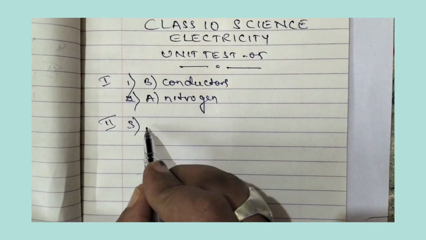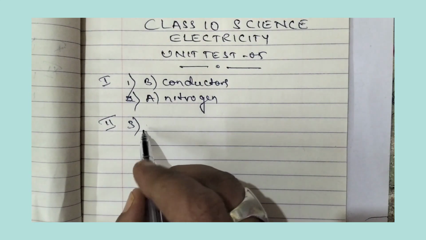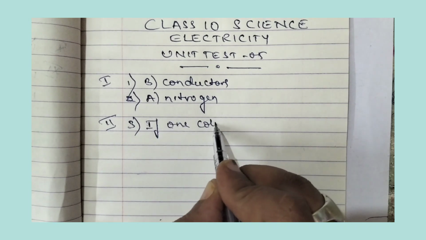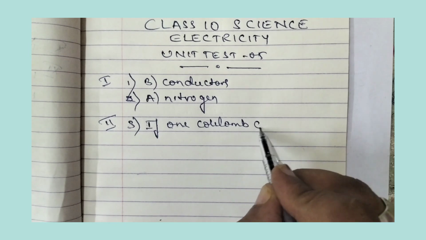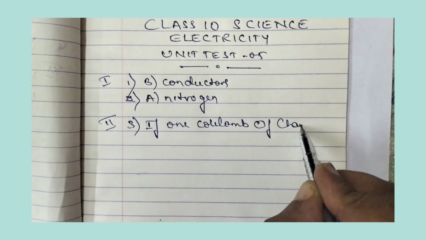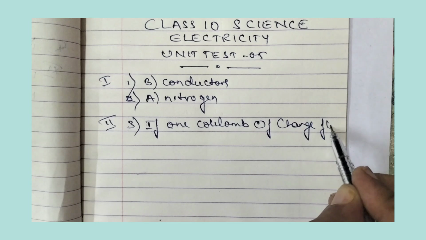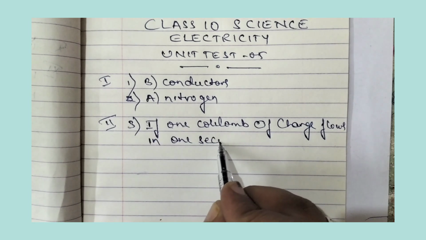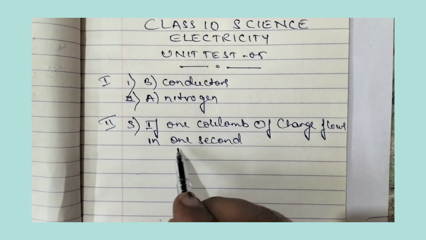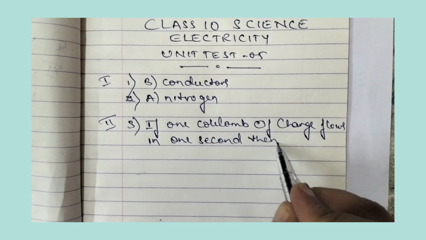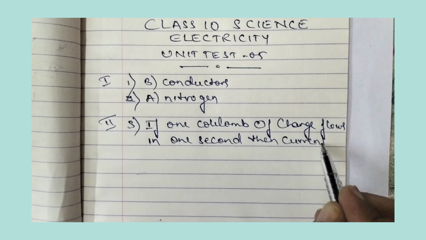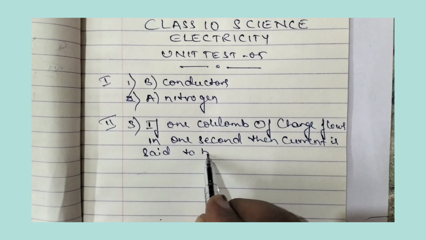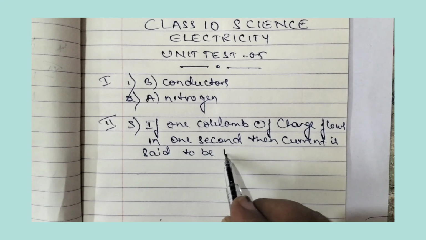So 1 ampere is defined as: if 1 coulomb of charge flows in 1 second, then the current is said to be 1 ampere.